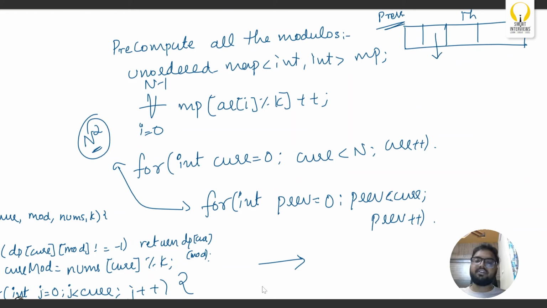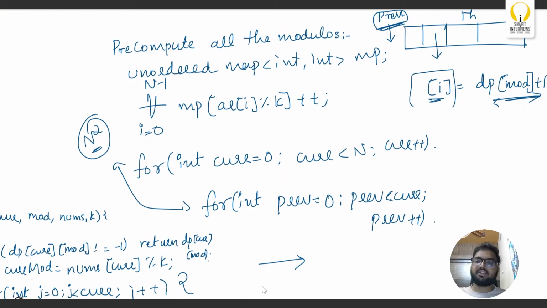If it is already present at that particular index, we'll simply take the previous count of the previous mod, MP of that, whatever the count is there, that is dp, and we can add one to it. Otherwise, we can simply add it.